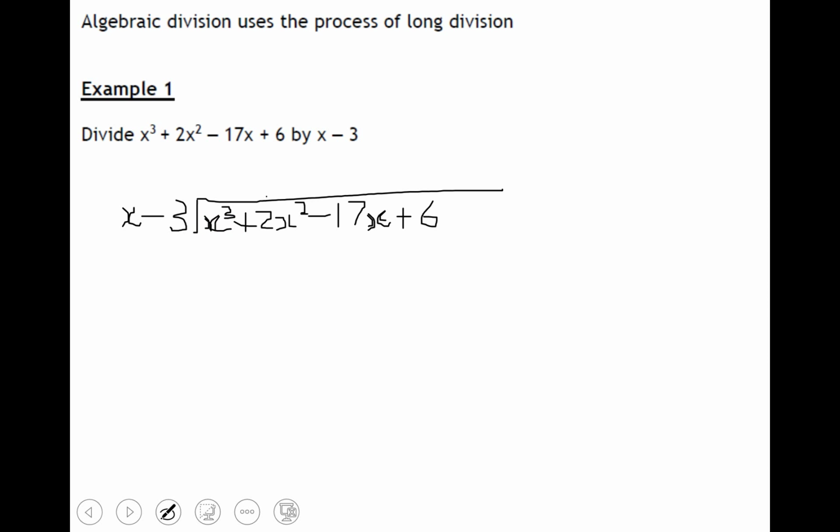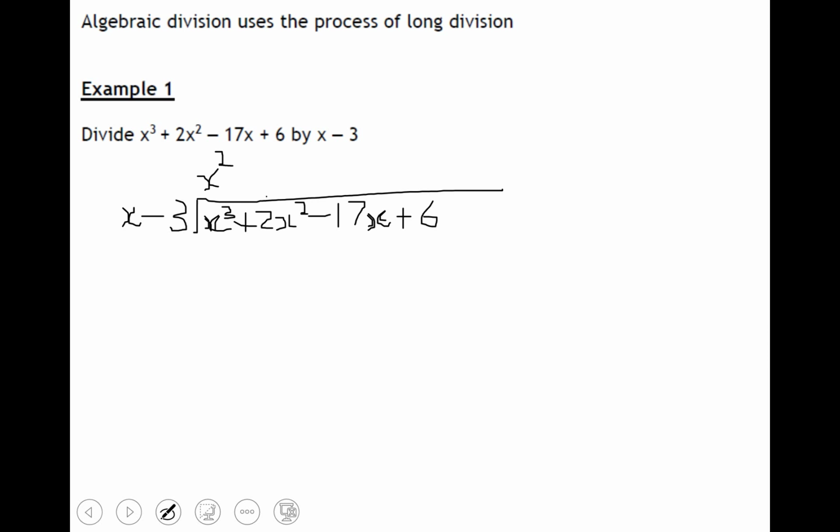Right, so first of all we look at the highest powers of our function and our divisor. So we've got x and x cubed. Now we multiply x by x squared to get x cubed. So we put x squared in the quotient, being what goes at the top.